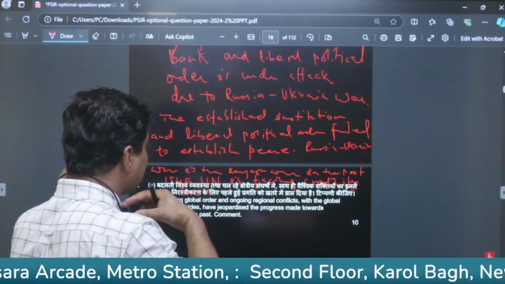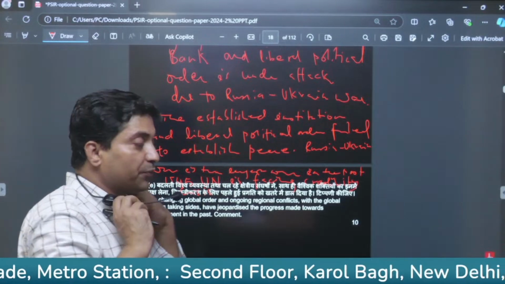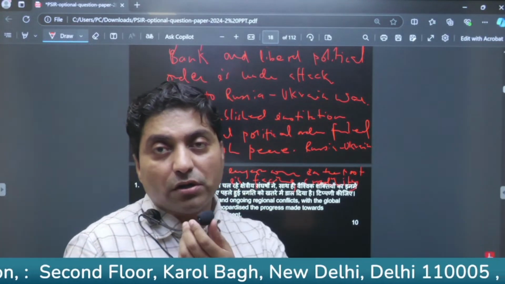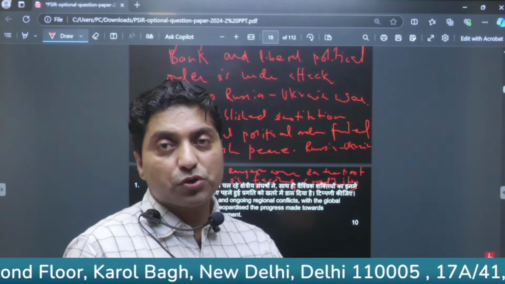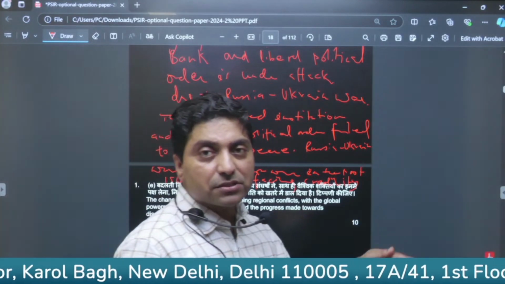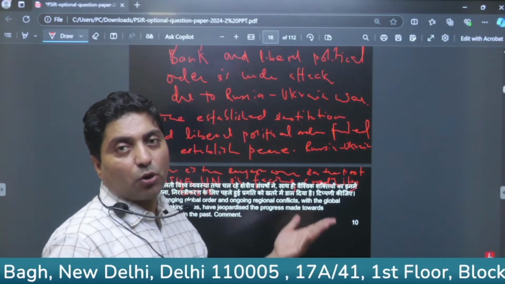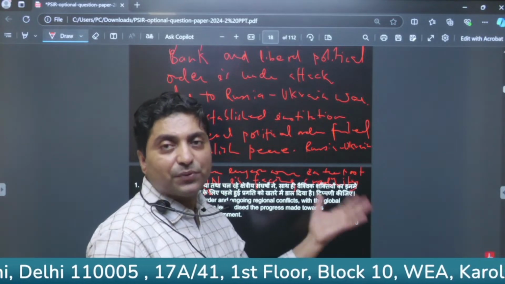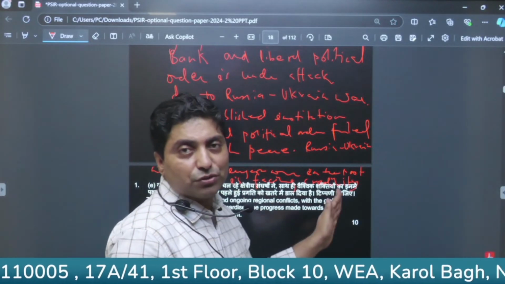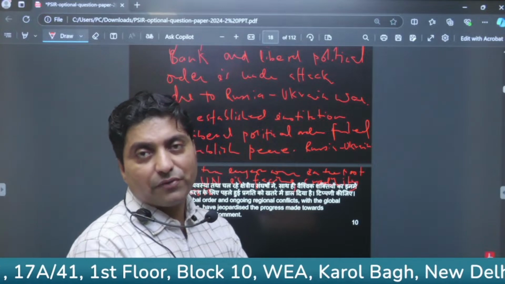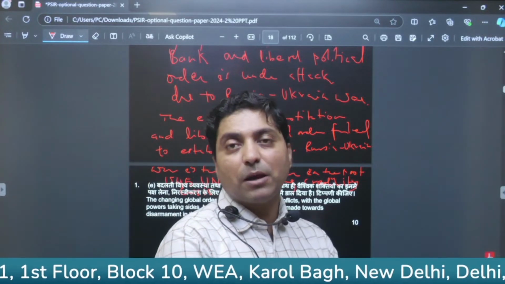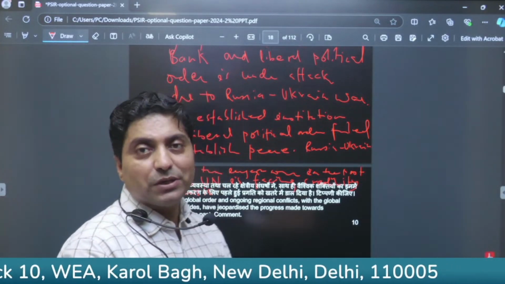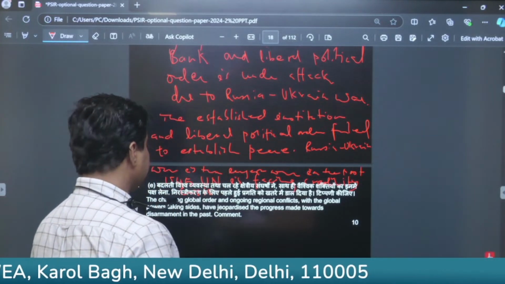There is a debate on whether we should transform and change the international order that was set up after World War II and establish a new international order by including several members of Asia, Africa, Latin America into the United Nations system, and whether we can make it more democratic, more inclusive, more participatory to establish peace and prosperity.